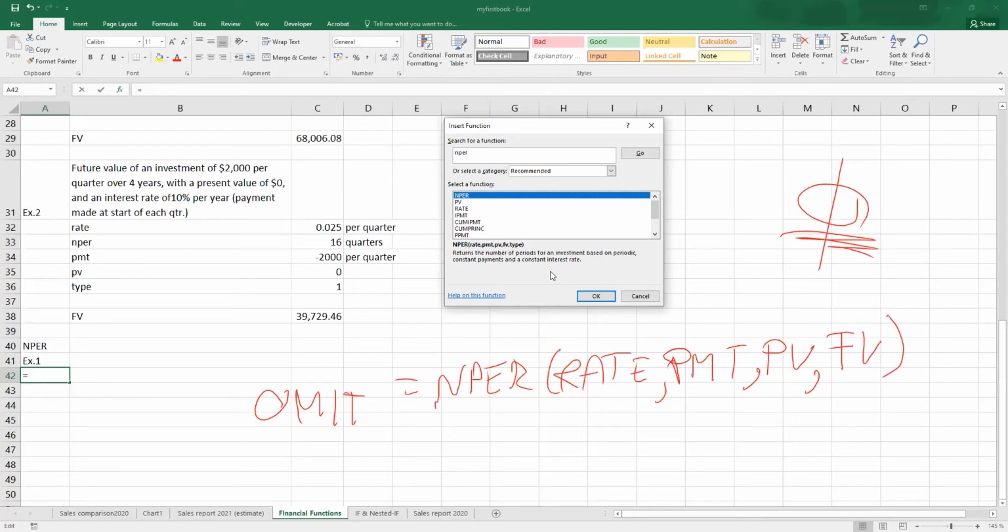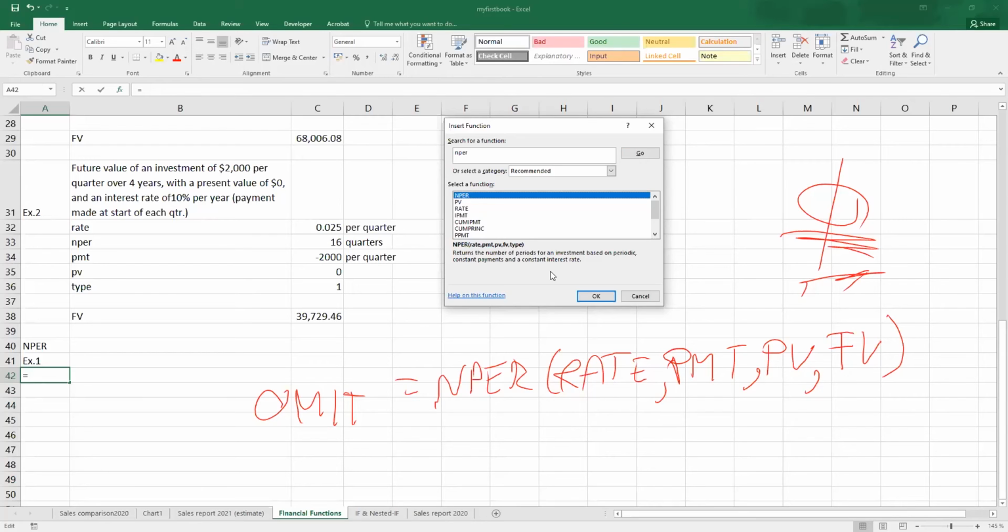And normally salary comes out at the end of the month. That's why we pay at the end of the month as well. So that is just the normal thing. But it is possible that in some cases, people would like to pay at the beginning of the period. So that's why they have the type argument, if you would like to pay at the beginning of the period.